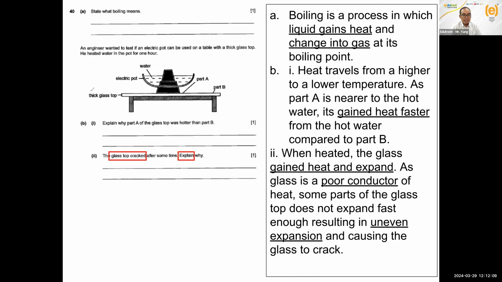We know that glass is a poor conductor of heat, so it takes a long while for the heat to travel. So when the heat travels here, this part here will expand. The part which is nearer to the pot will expand first. So the part which is further does not expand as much. That's why this uneven expansion will eventually cause the glass to crack. Okay?